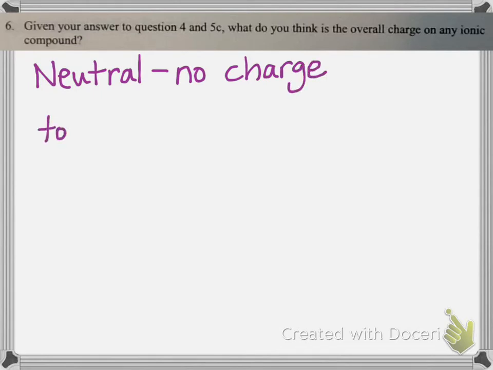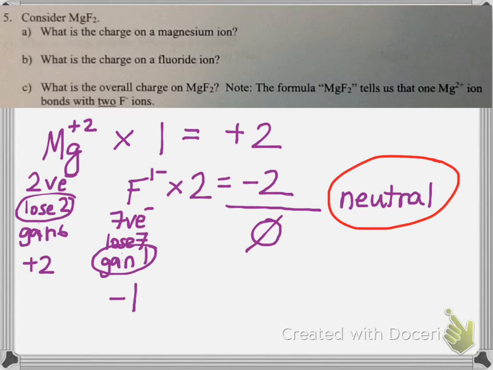So we could say that the total positive charge has to equal the total negative charge. And we saw that here: our total positive charge was +2, our total negative charge was -2, so they're equal to each other.